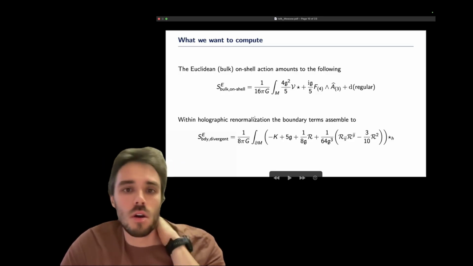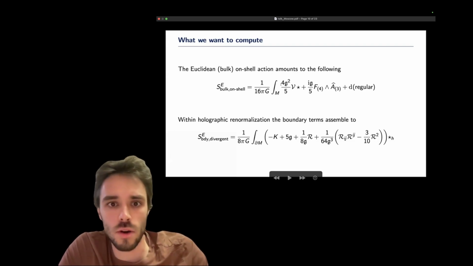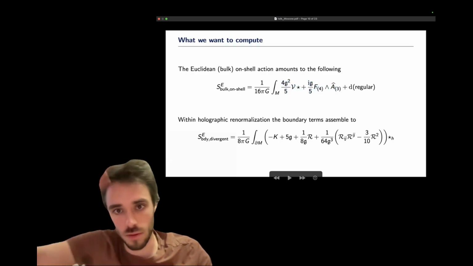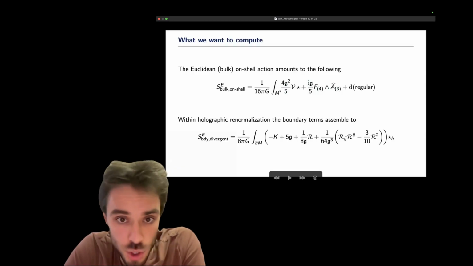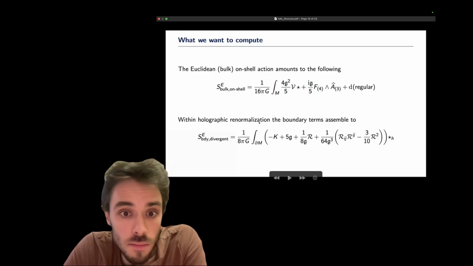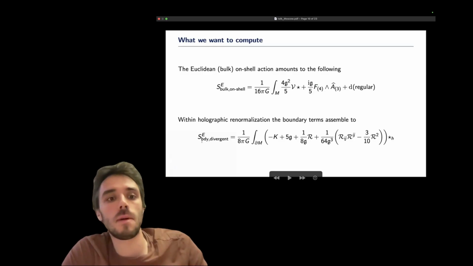Now, of course, this object is divergent because you evaluate this all the way to infinity, and it diverges. Now, we know how to deal with this for a long time, and what you have to do is holographic renormalization, and you add the following boundary terms.